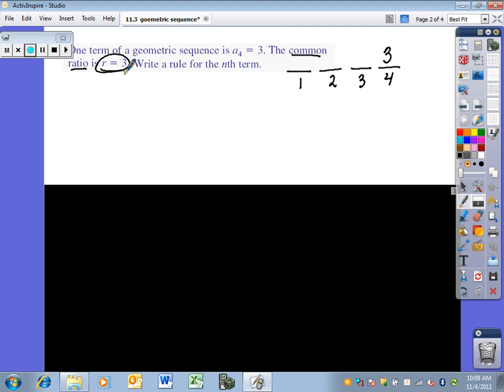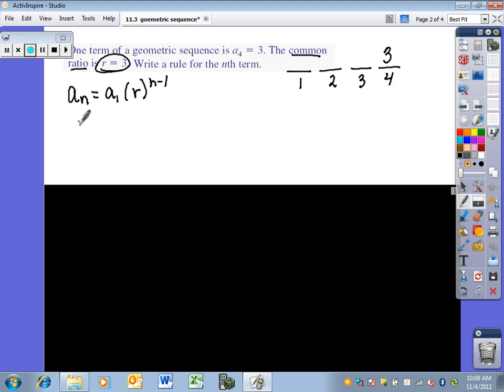So when I use my equation, a sub n will equal the first term times the ratio to the n minus 1. Okay? Well, I don't have the first term, but I have the fourth term.